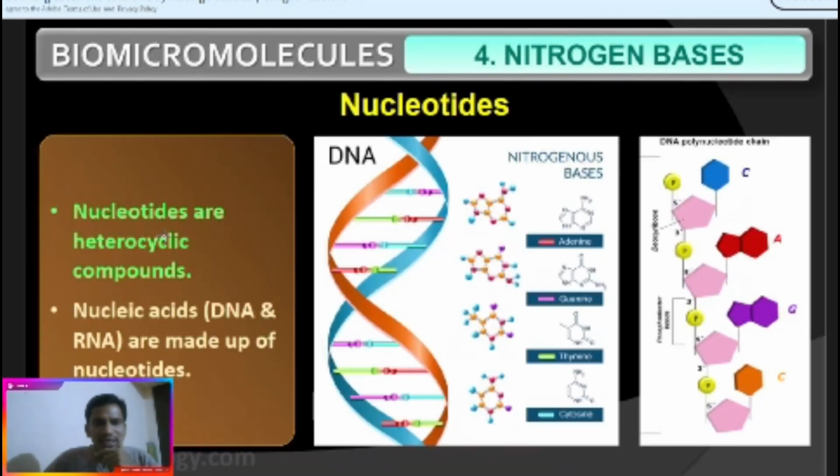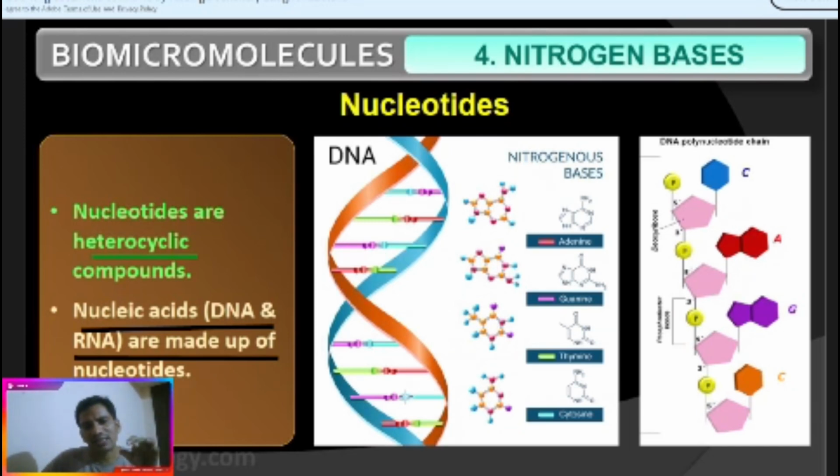Structurally, nucleotides are heterocyclic compounds. Hetero means different cyclic compounds, right? And the nucleic acids, which we spoke about previously, DNA and RNA, are made up of nucleotides. A nucleotide has three parts: nitrogen base, sugar and phosphate, right?